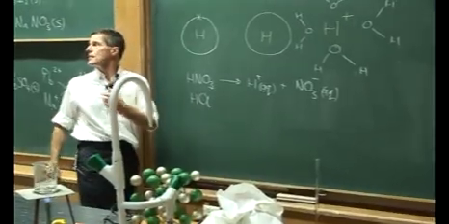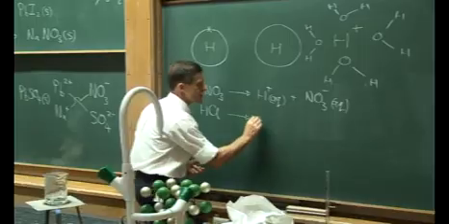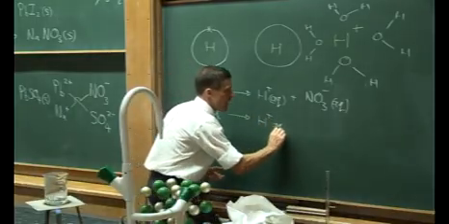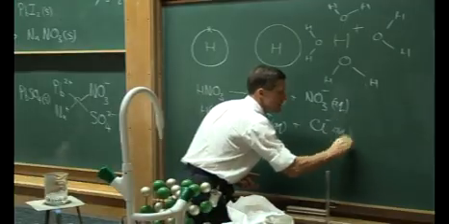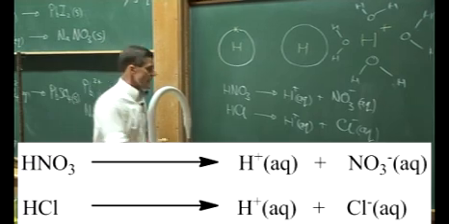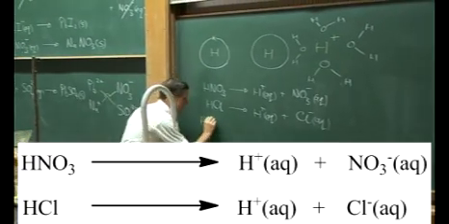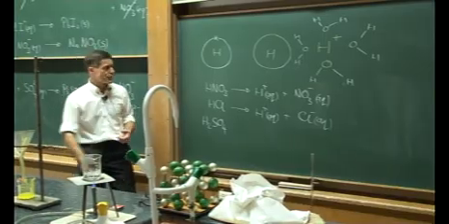HCl itself is a gaseous molecule, but in water it forms hydrochloric acid, in which it splits up entirely, 100%, to give H+ and Cl-. And another common acid is sulfuric acid, which has the formula H2SO4.